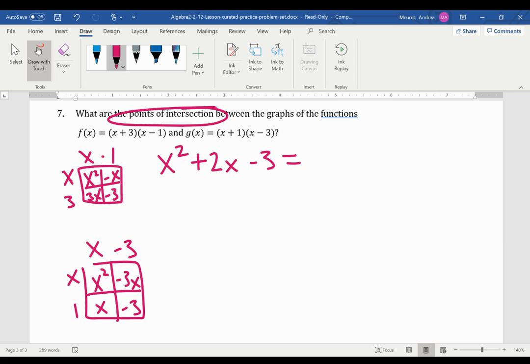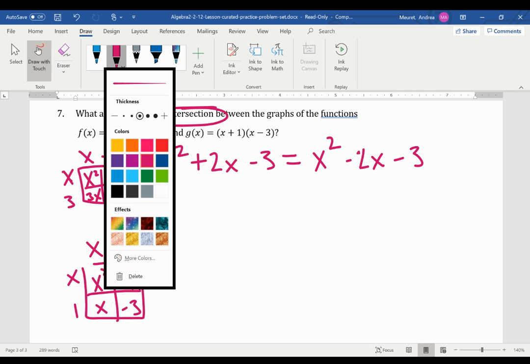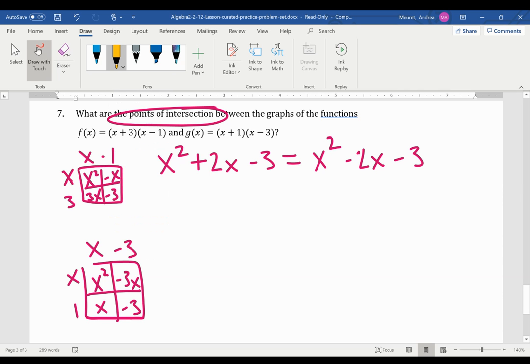Okay. And so again, I'm going to add together the like terms that are on that diagonal. And so we have x squared, and then negative 3x plus x is negative 2x, and then minus 3. So I notice right now, and you may notice this as well, that they have the same y-intercept because the constant when written in standard form is the y-intercept.